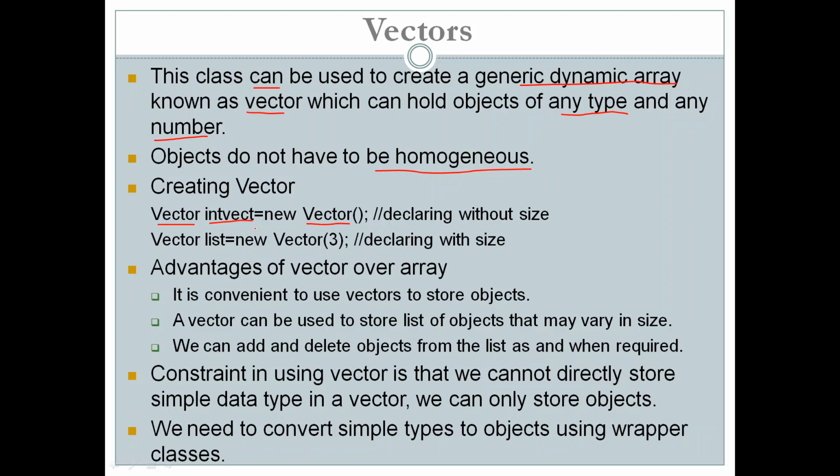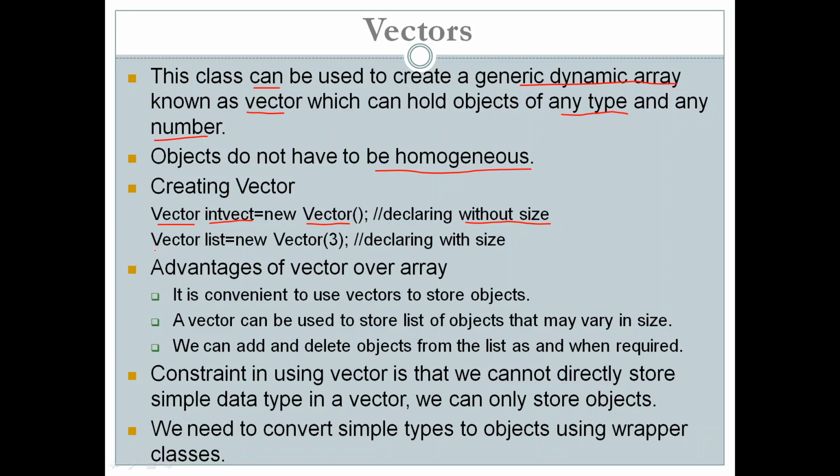This is the vector declaration, or the vector creation, with or without size. We are creating a vector here without any size. No size is specified in the vector constructor, so this will create a vector without any size specified.